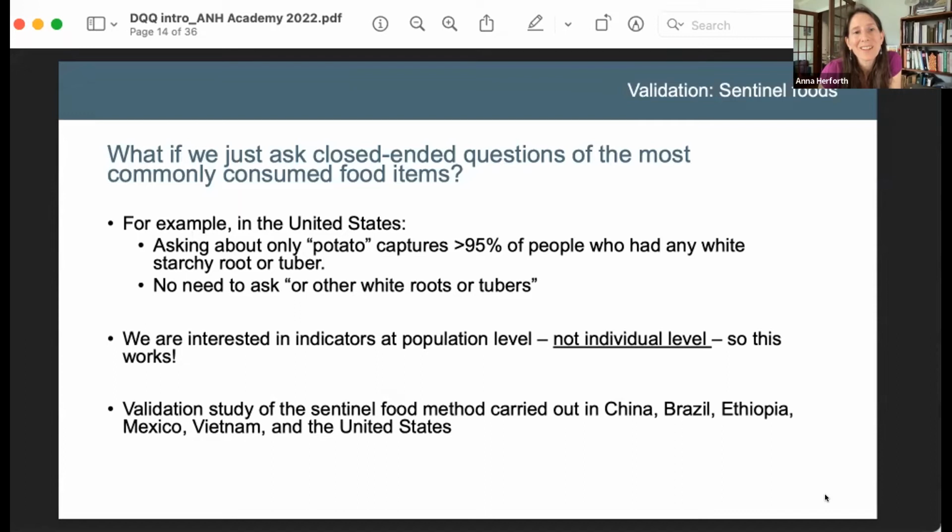So this seems to be an approach that would work, and we're in the middle of doing a validation study. It's not out in the published literature yet, but it's quite encouraging that choosing Sentinel foods in each country does represent the majority of people who consume each food group.